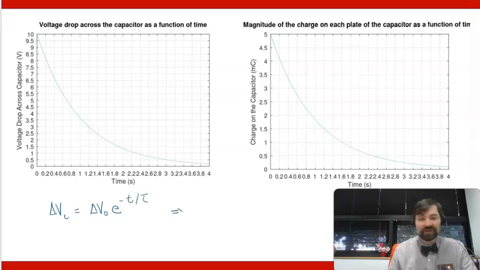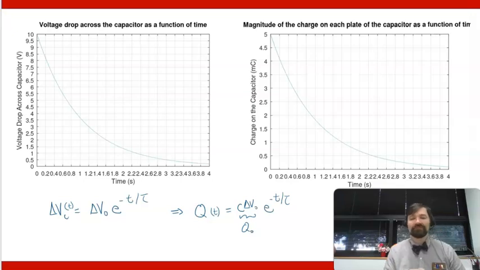And that also implies that Q as a function of time must be delta V naught times C times e to the negative t over tau. And this term you could also refer to as Q naught. So it's now an exponential decay back to 0.